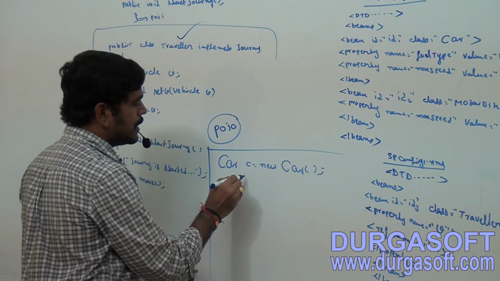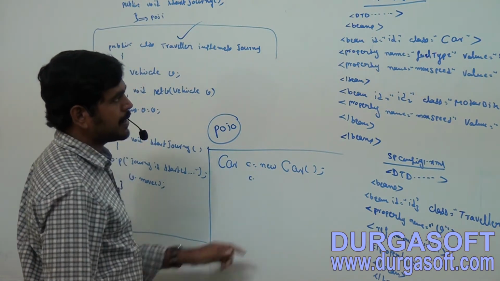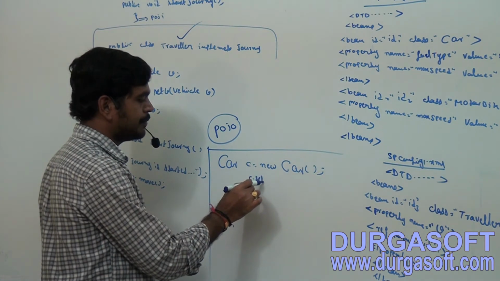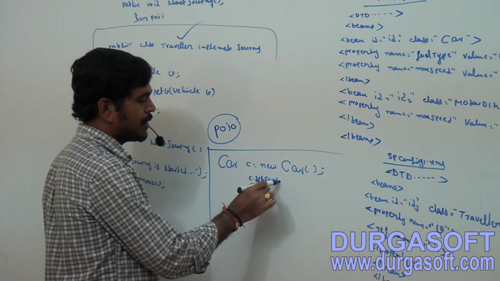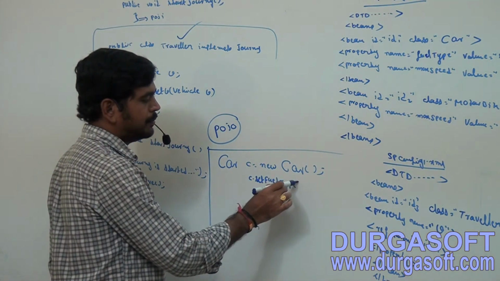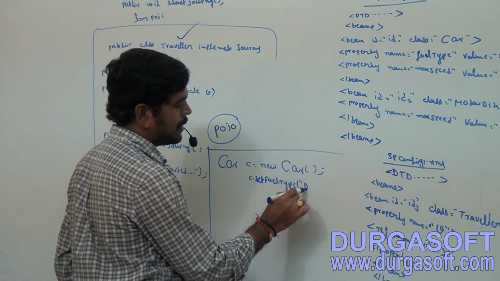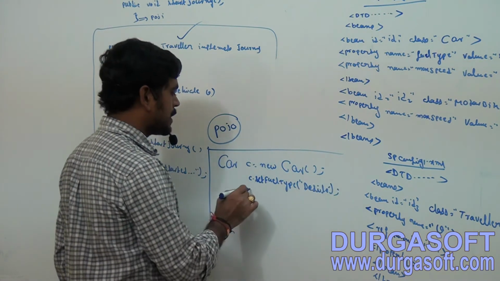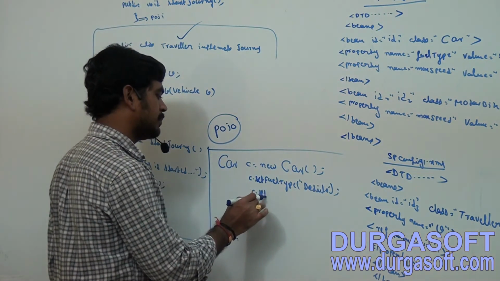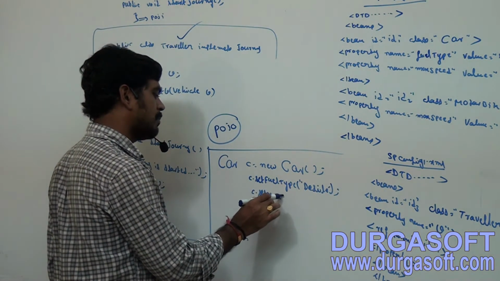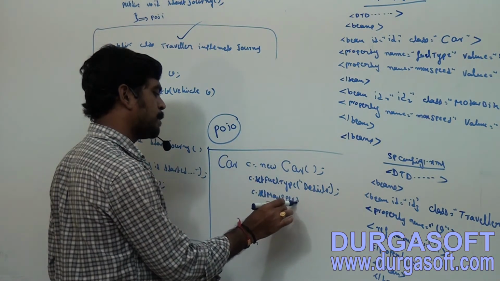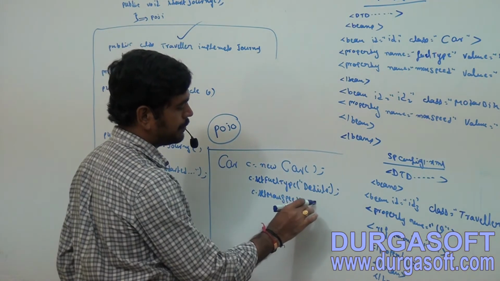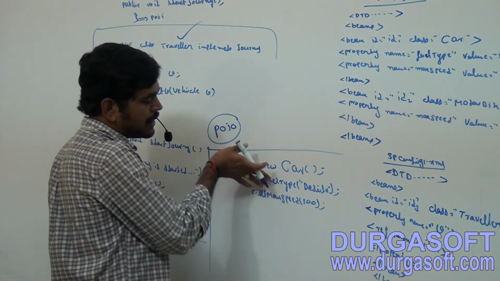Then how many setter methods are there in this Car class? 2 setter methods. C dot setFuelType, here we can pass diesel. C dot setMaxSpeed, here we can pass 100. Like this is the internal process.